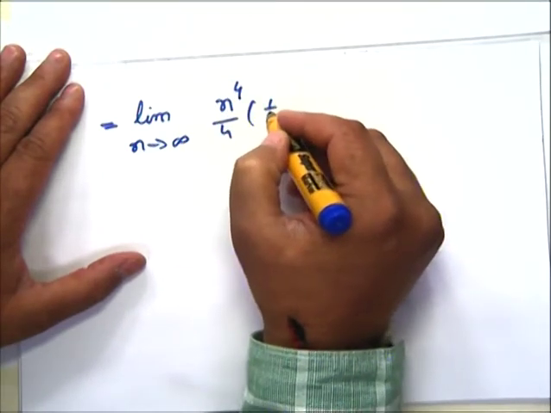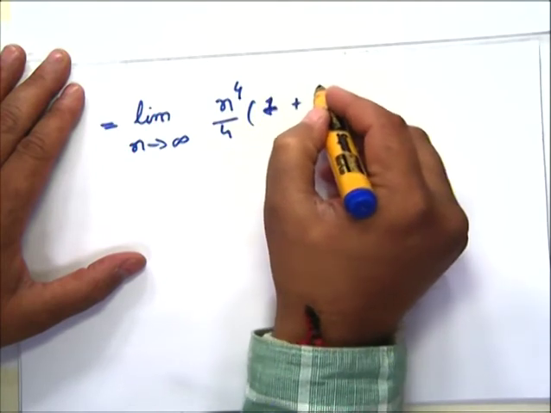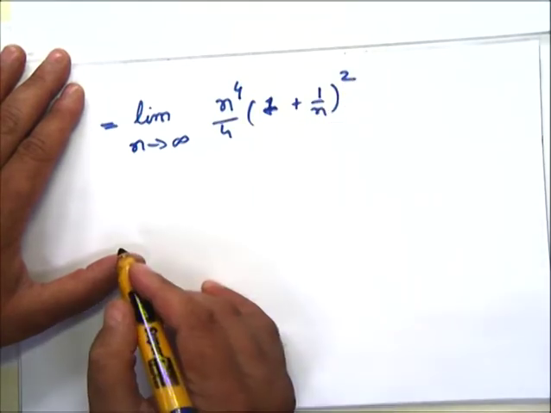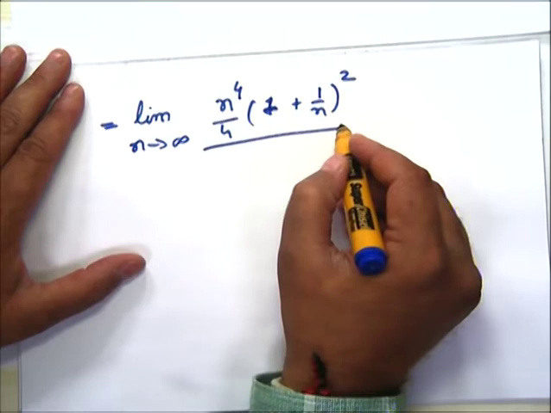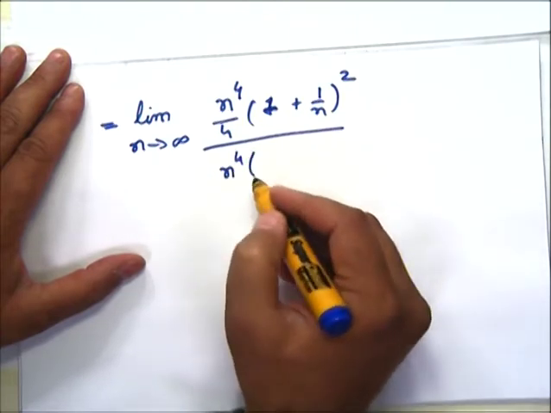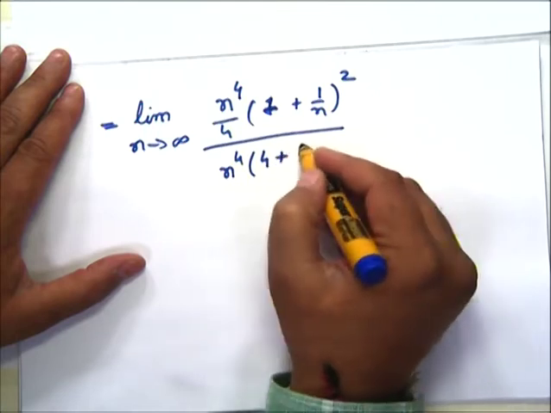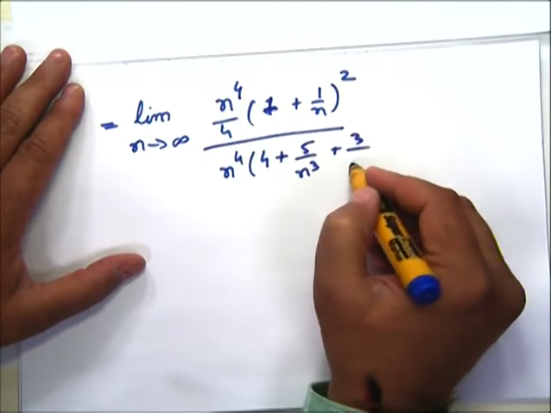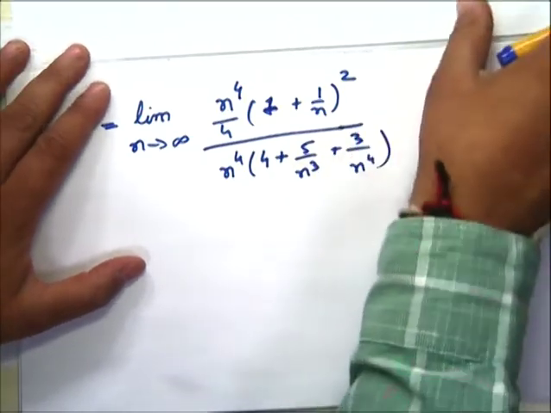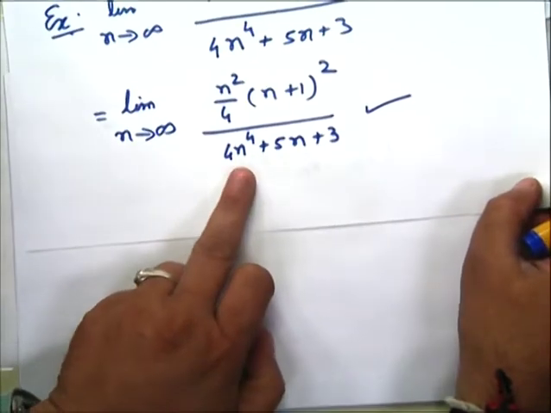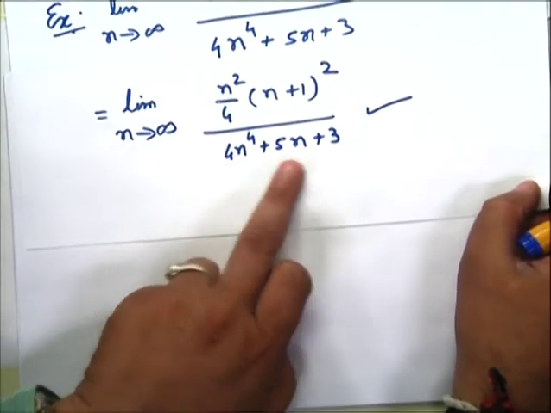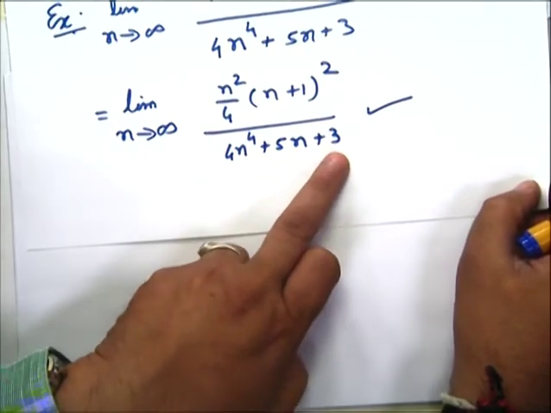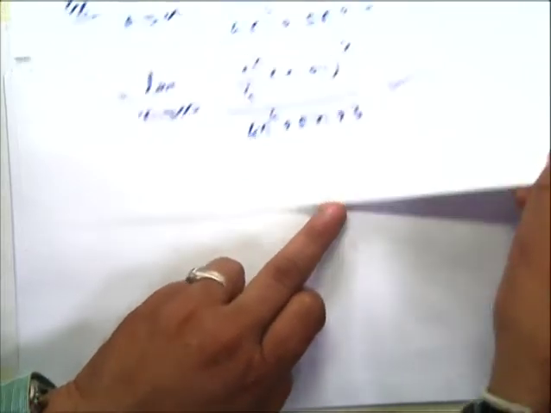So this is 1 upon 4, into 1 plus 1 upon n whole square, upon n raised to 4 common, we have 4 plus 5 upon n cube plus 3 upon n raised to 4. N raised to 4 is common, so this will be 4, and here 5 upon n cube, and here only 3, so 3 upon n raised to 4.